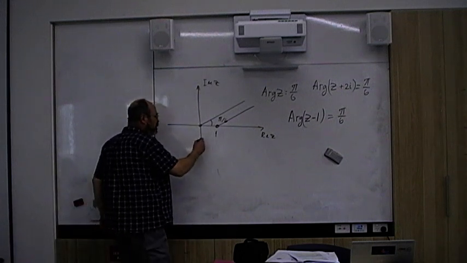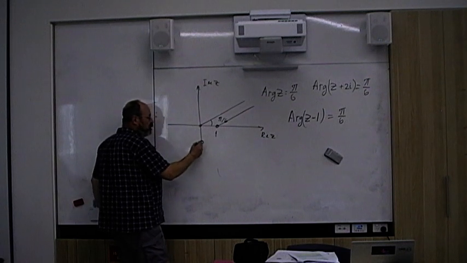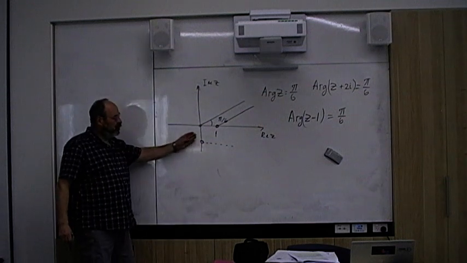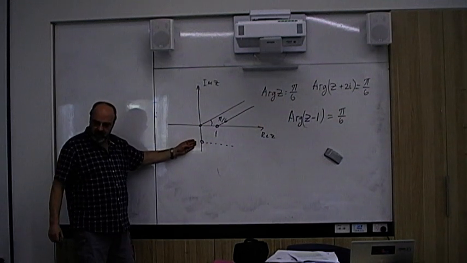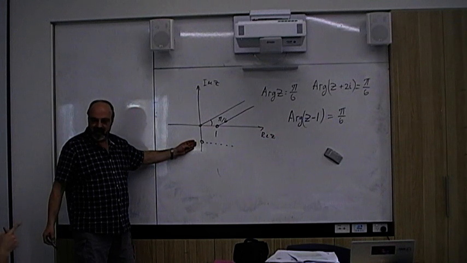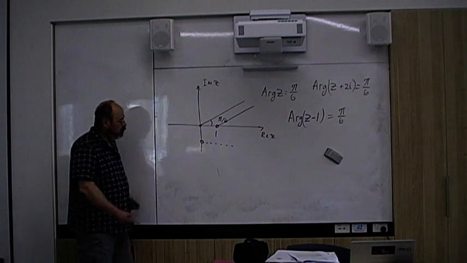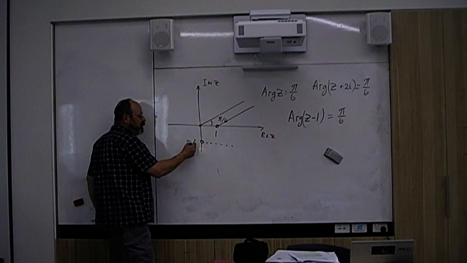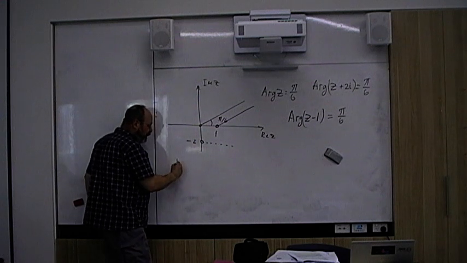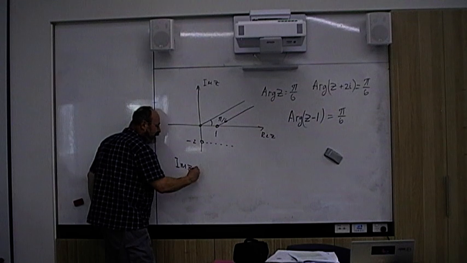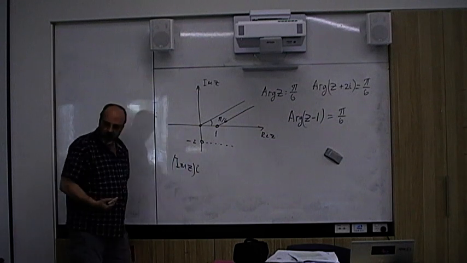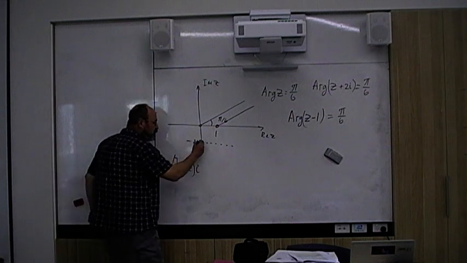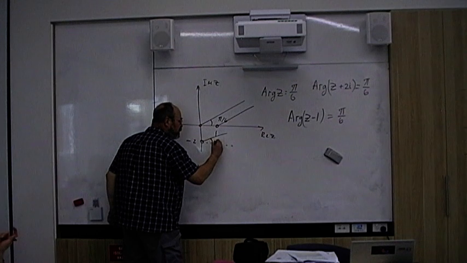That will be starting at negative 2i. Now imaginary z equals minus 2, but we have imaginary z times i, so there's no need to write i on the diagram. And then this angle has to be pi on 6.